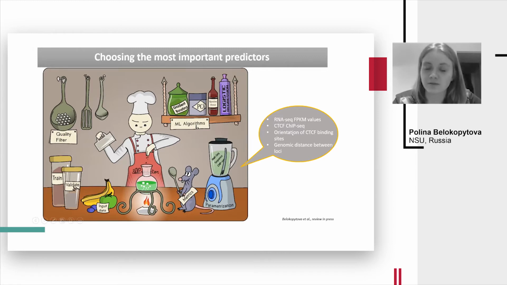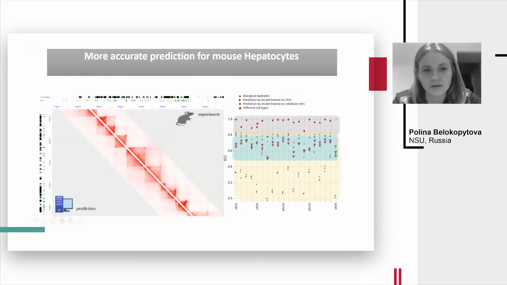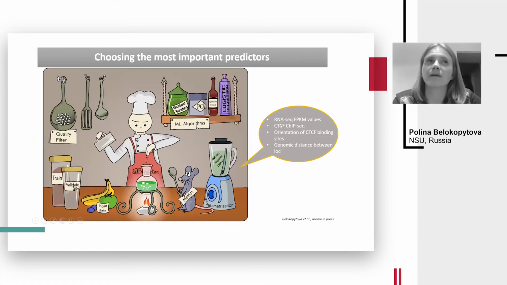This subset of predictors is sufficient to predict a Hi-C map like this with high accuracy. Also, different cell types have different available proteins, but these predictors are almost always available, for example, in the ENCODE database. So we used mainly this subset of predictors.